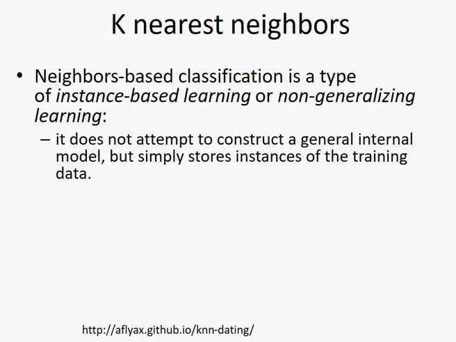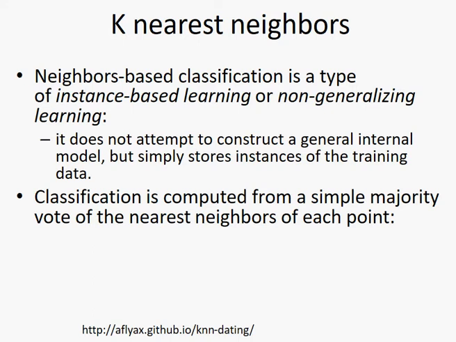What this means is that it's not trying to construct a general model internally. During the training phase, it's just storing the instances that are provided in the training dataset. Then once we get a test sample, it calculates the distance between that test sample and each of the values in the training dataset.